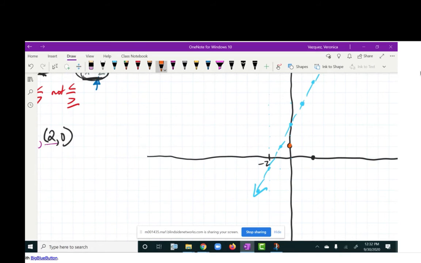So that is -1 over 2, -1 over 2, -1 over 2, like that. Okay. And then I can also go back to up 1, back to up 1.